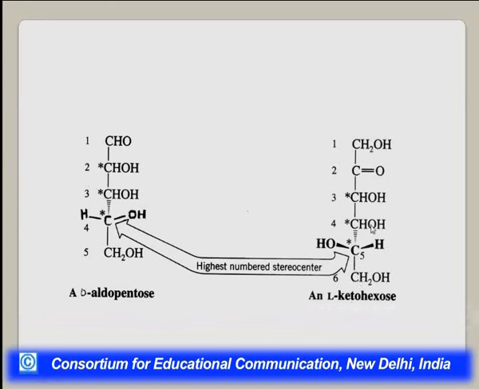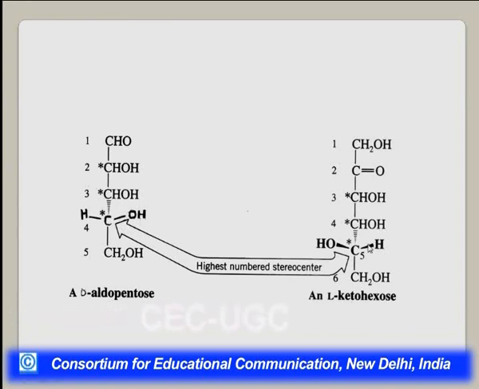So we have to find the last asymmetric carbon atom of the compound, and if the hydroxyl group lies on the left-hand side, it is designated as capital L, and if it lies on the right-hand side of the last asymmetric carbon atom of a monosaccharide, it is designated as capital D.